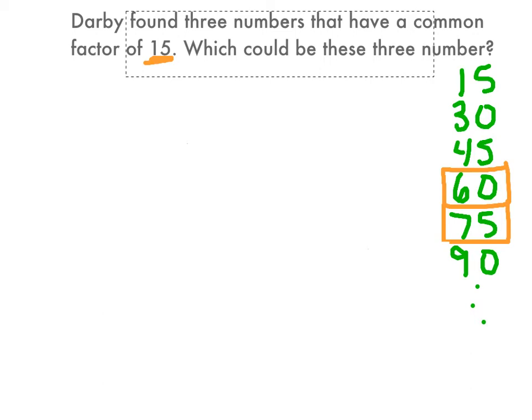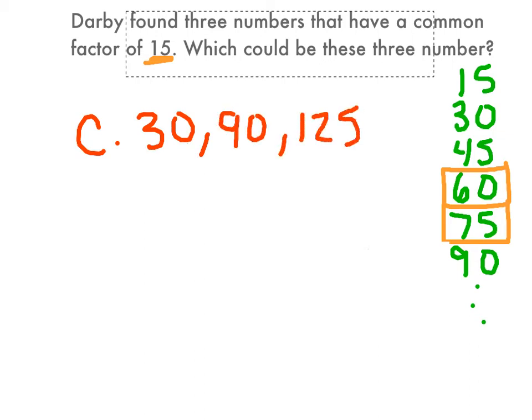So then I'm looking at choice C, and choice C says 30, 90, and 125. Now I already see that 30's here. I also see that 90's here, so all we really need to check is 125. Since we're using multiples, I'm going to add 15 to 90, and I get 105.